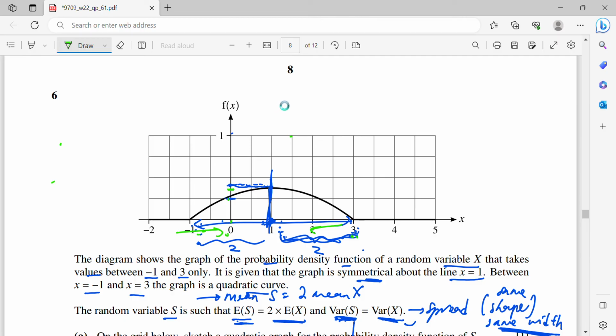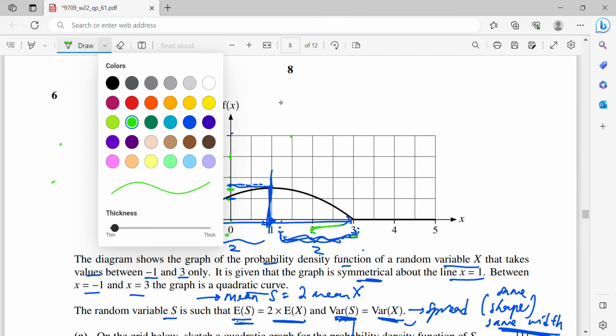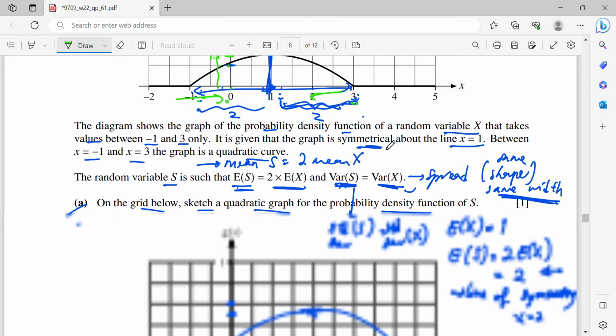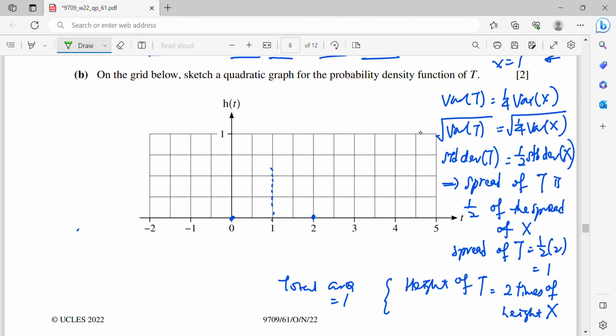Hang on please. So initially 1.5. Now you times 2, it becomes 3 squares. So now my height will be here. Okay, so from here I know that my height is 1, 2, 3. My height is going to be here. This will be my maximum point.